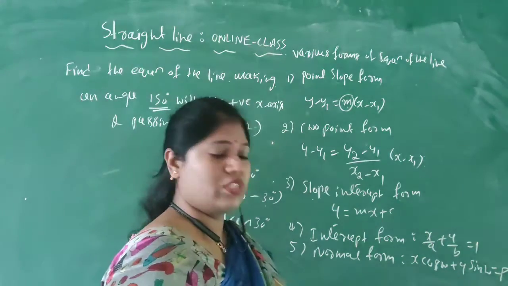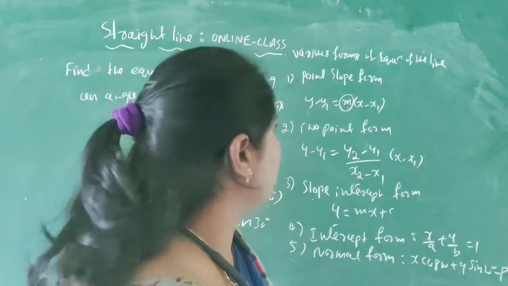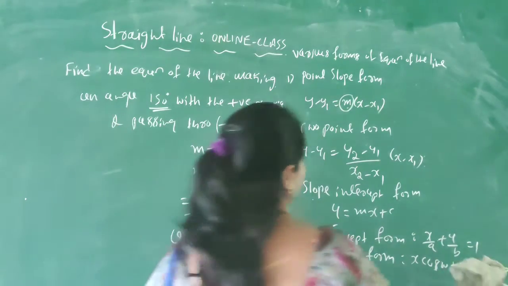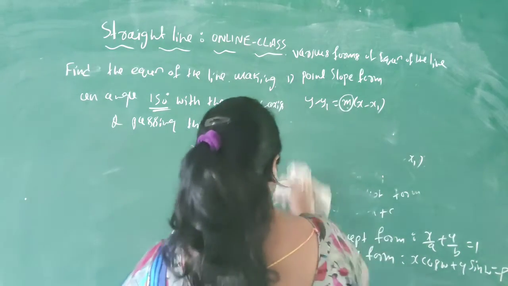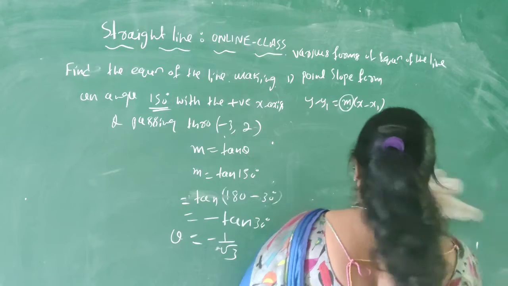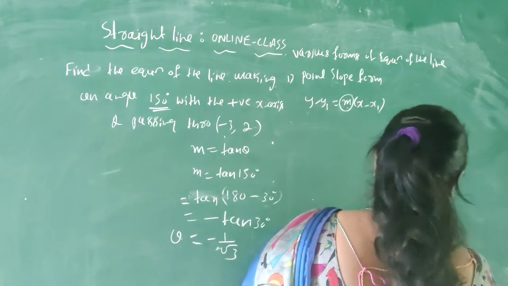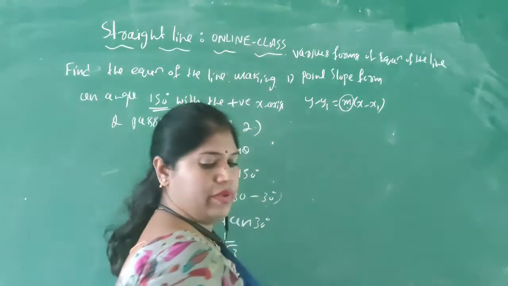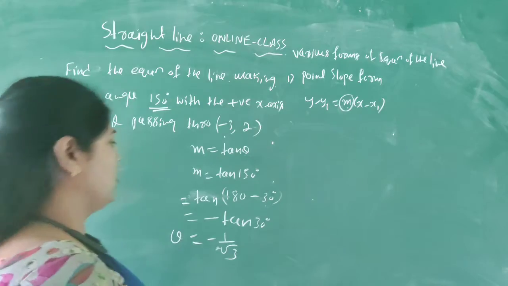What do we have to use next? We have to use y minus y1 is equal to m of x minus x1.